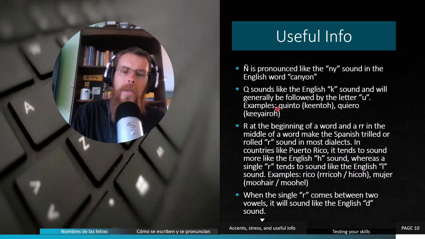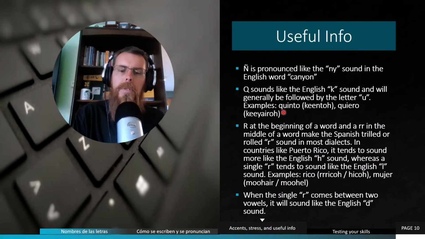So Q will always sound like a K, as in quinto, quiero. You don't pronounce the U. When it's joined with a Q or a G, it just changes the pronunciation of that to whatever it is, like Q would be K and G would be G.